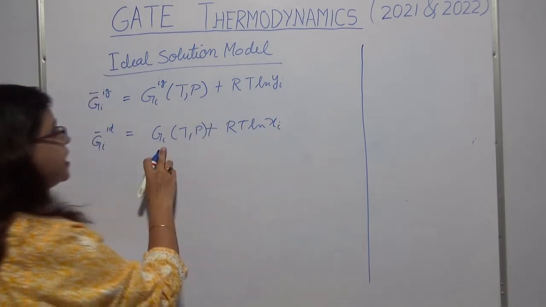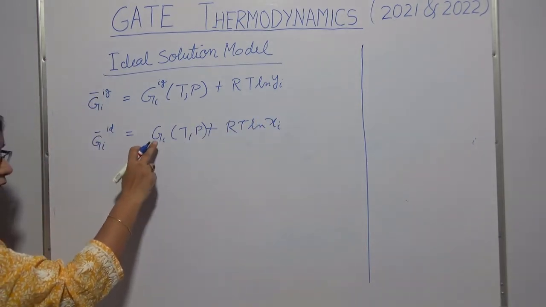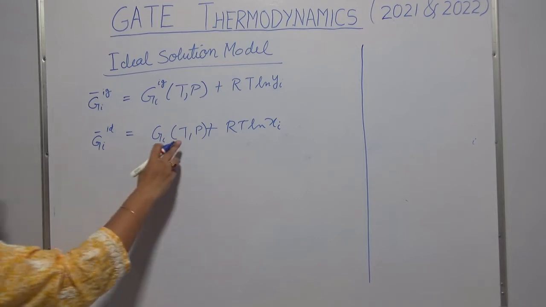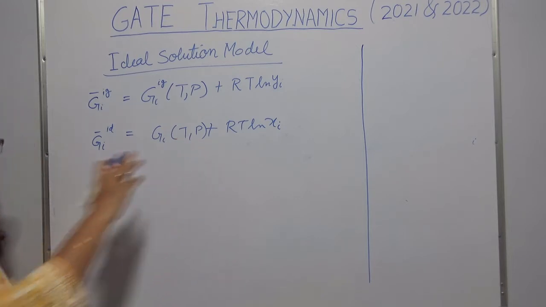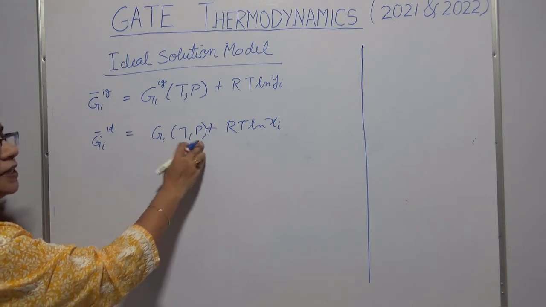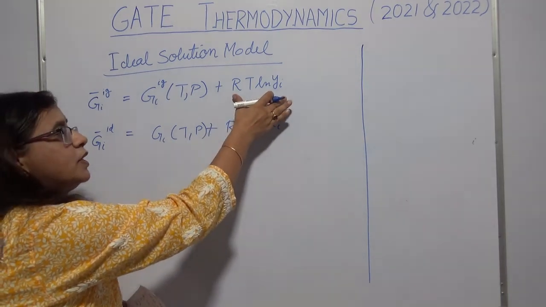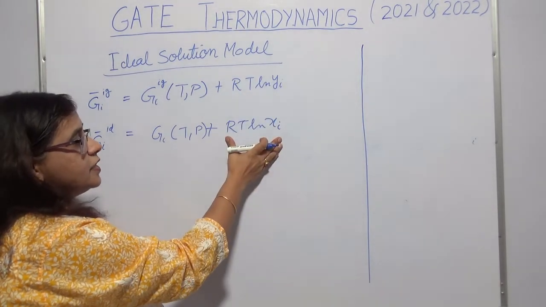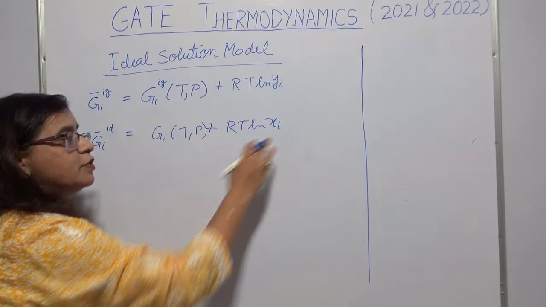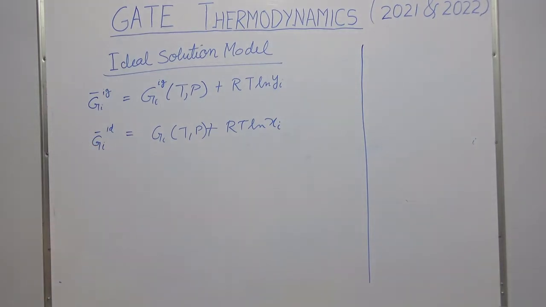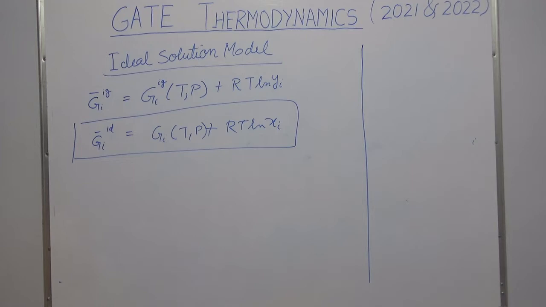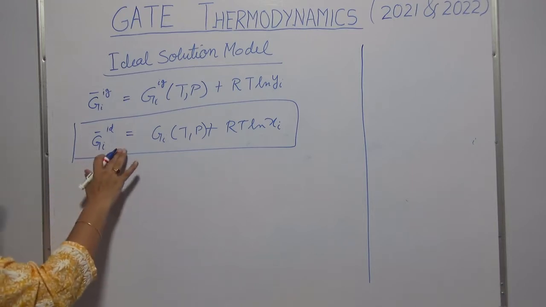In this case, the Gibbs free energy is taken as that of the pure species i at the solution temperature and pressure, in its real physical state, at which it exists at temperature T and P. This gives quite well the composition dependency, so we retain this term in this form, except that yi is changed to xi, because for solutions we usually denote mole fractions by x. So now I am defining my ideal solution model by this equation, and then I am going to calculate other partial molar quantities based on this definition.